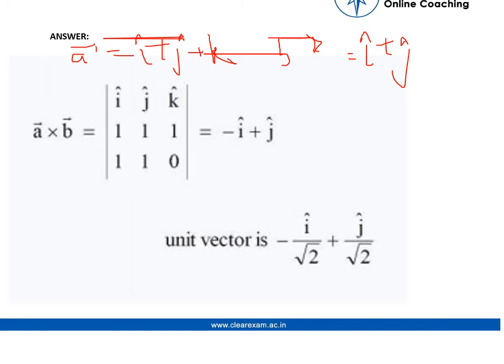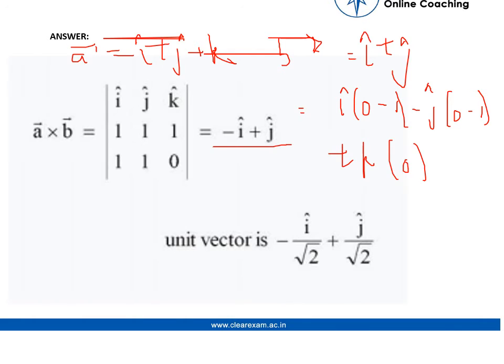So writing the values of A as 1, 1, 1 and B as 1, 1, 0, we solve the matrix as i into 0 minus 1, minus j into 0 minus 1, plus k into 0. We finally get minus i plus j.